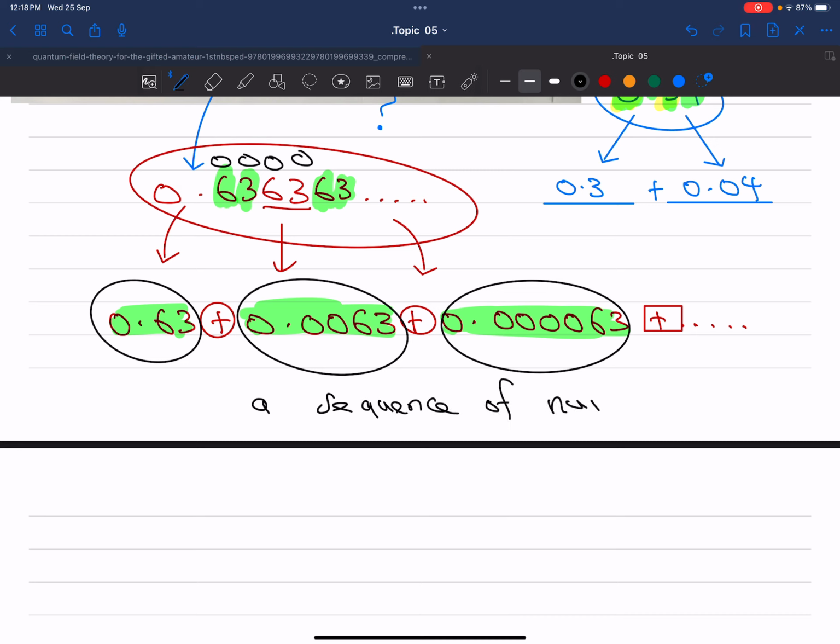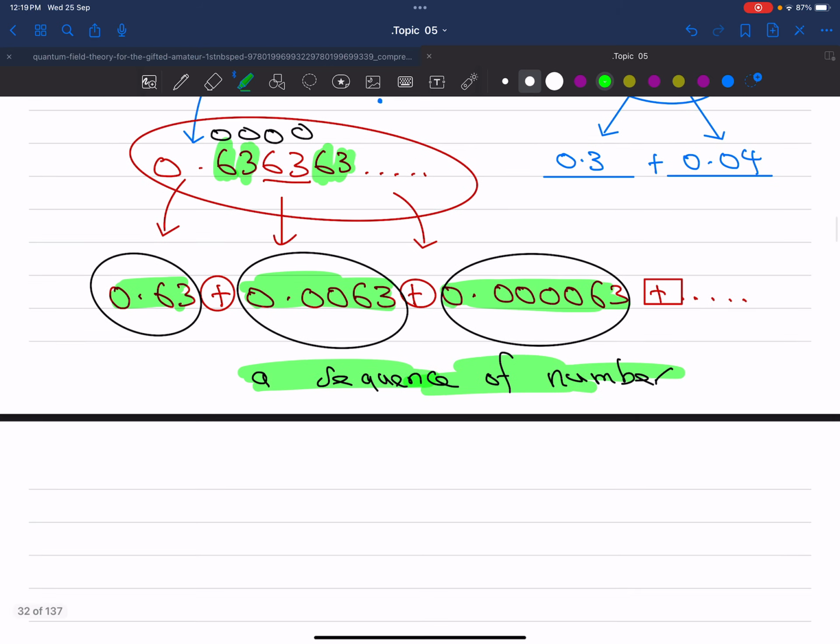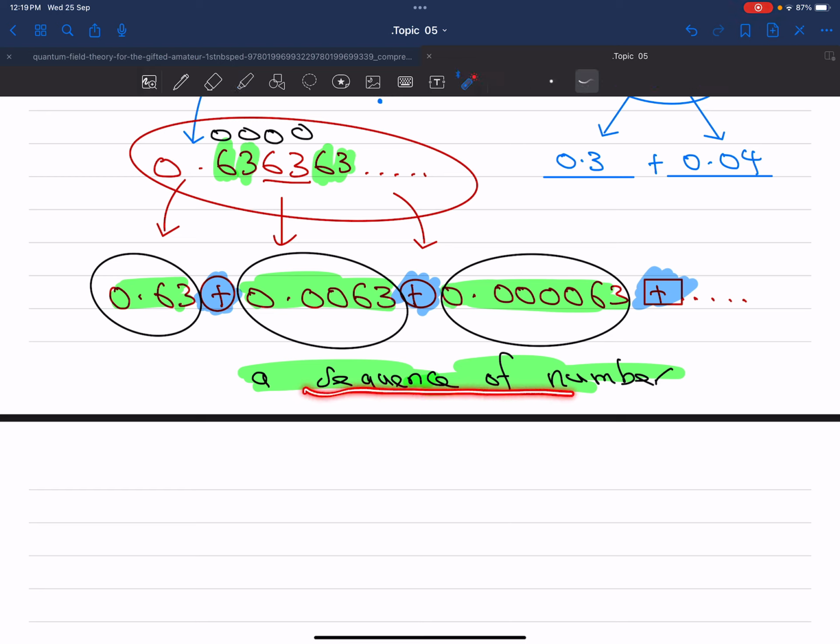Now we have to find out, is it AP or GP? We have to find that out first. And definitely it is a sum, because we have a plus sign here. It is a sum of a sequence of numbers. How to find out? Watch.